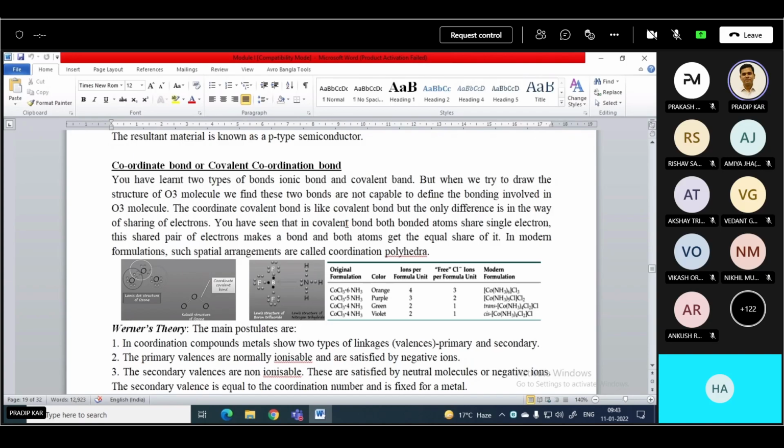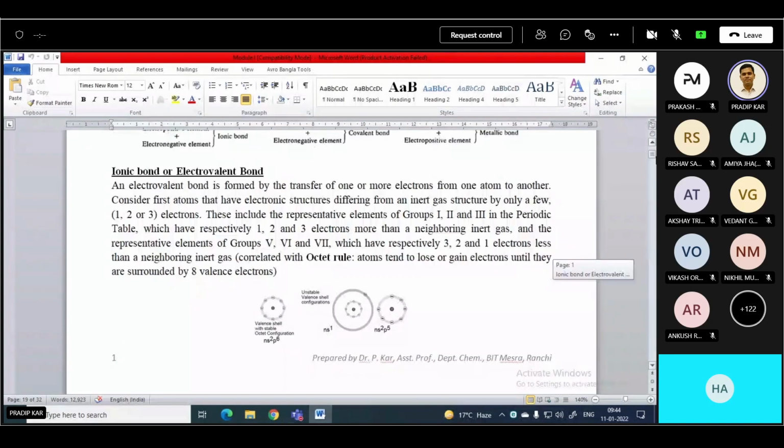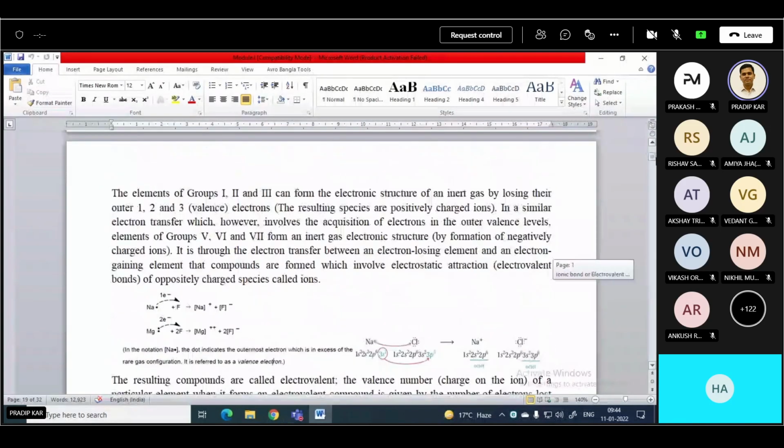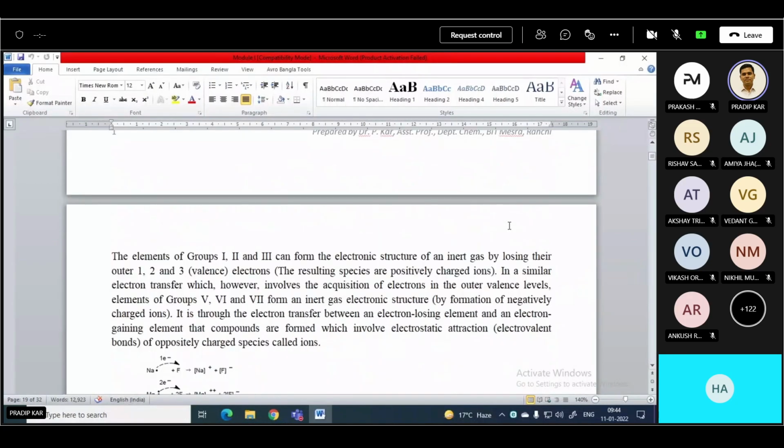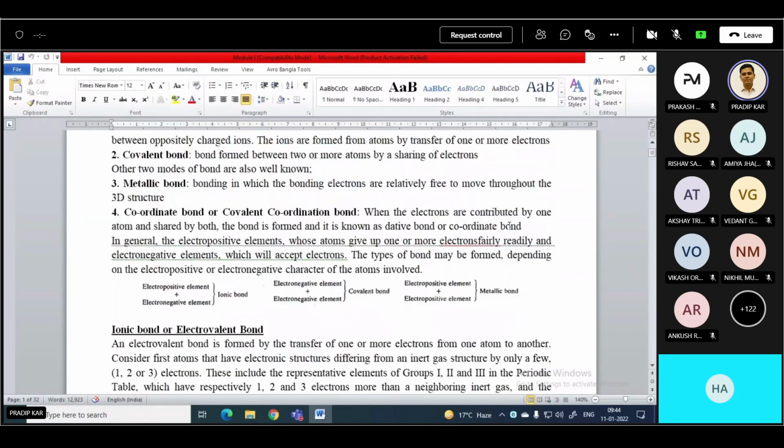So now we are moving to the next topic, that is the coordinate bond or covalent coordinate bond. In the very first class we classified chemical bonds into ionic bond, metallic bond, covalent bond and coordinate covalent bond.